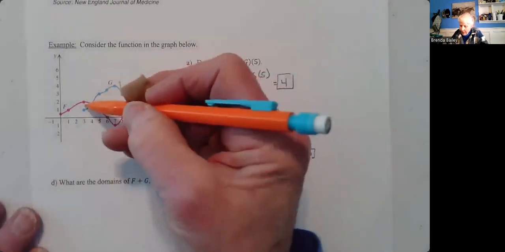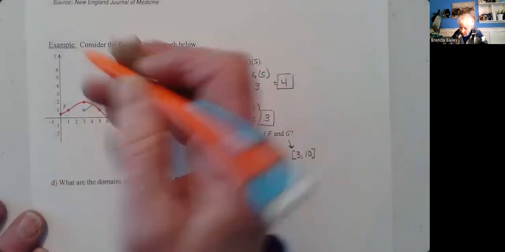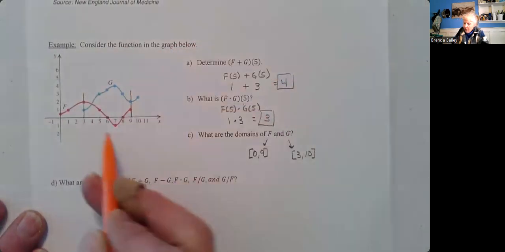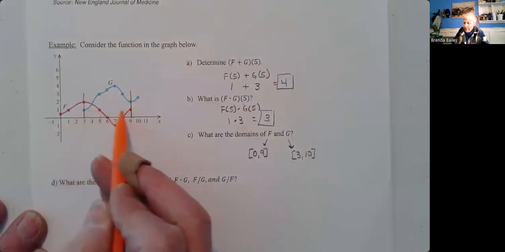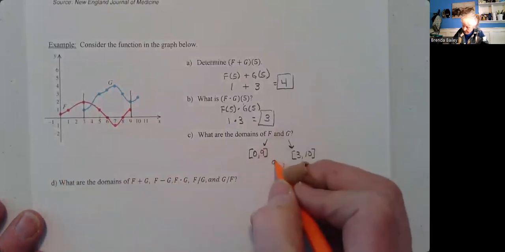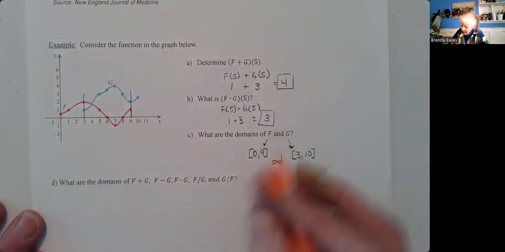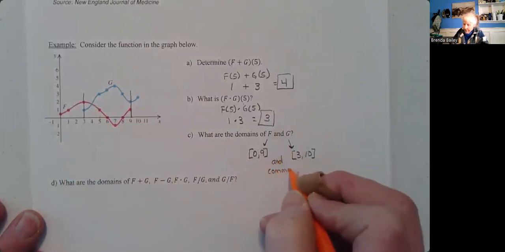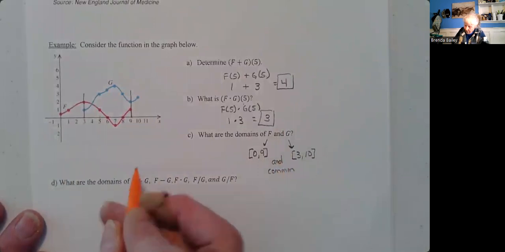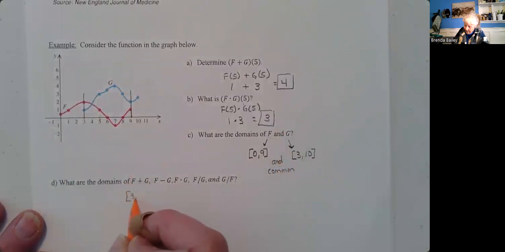Because you're using them both, you can only use the section where both of those are defined. What's in common on these graphs? So you can only go from 3 to 9. And so each of these goes from 3 to 9.